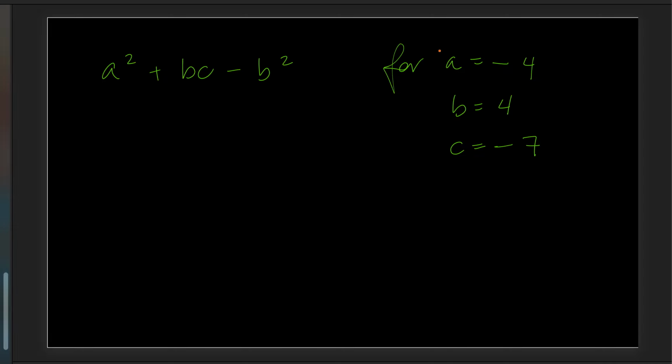So A is -4. So -4 goes in here. So we have -4 squared. Plus B times C. So that's +4 times -7. Minus B squared, and B is 4. So -4 squared.